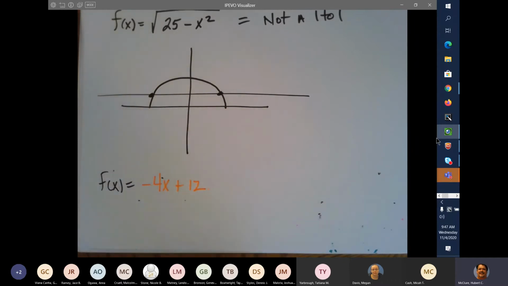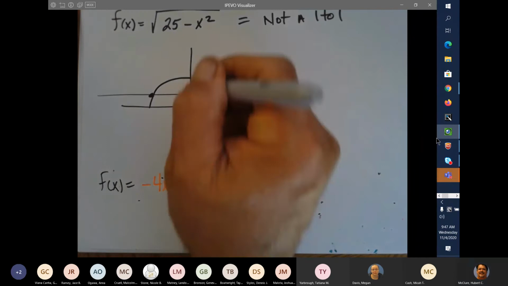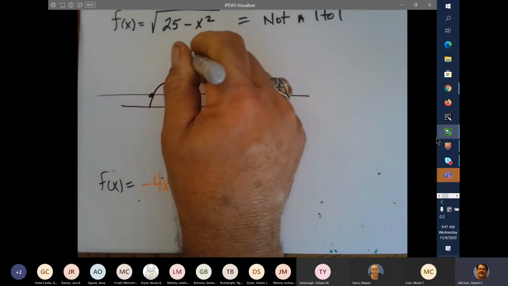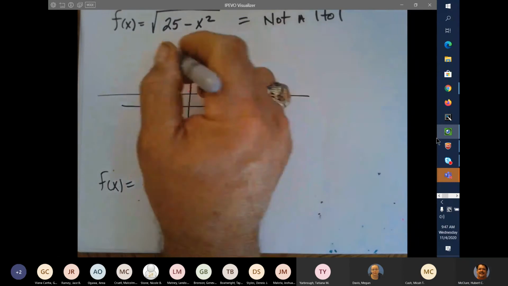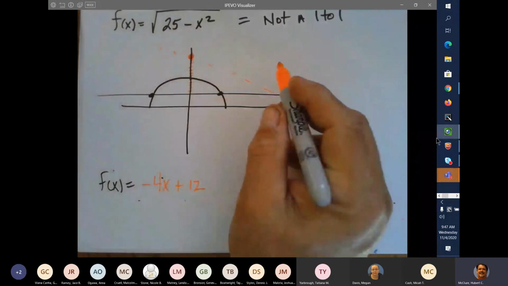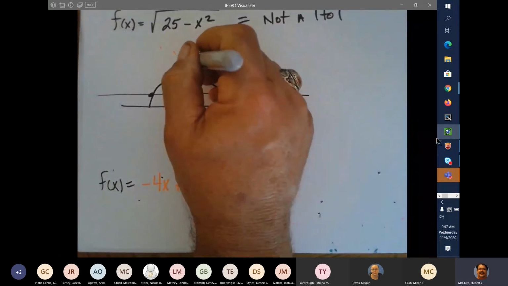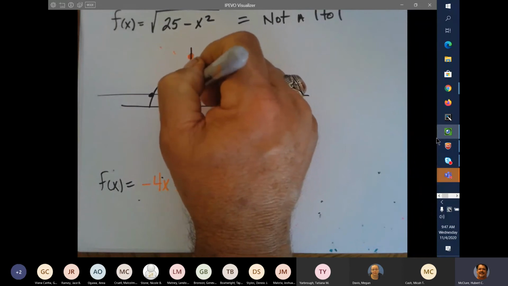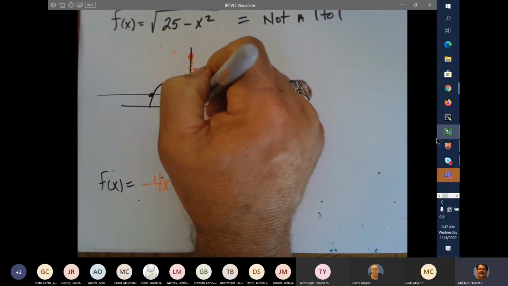Well, we got a y-intercept of 12: 1, 2, 3, 4, 5, 6, 7, 8, 9, 10, 11, 12. Negative slope, and it's 4 down or 4 up.